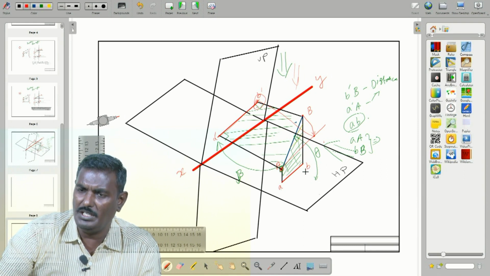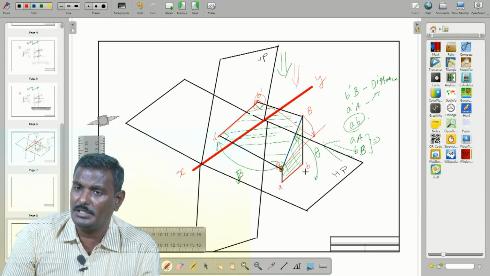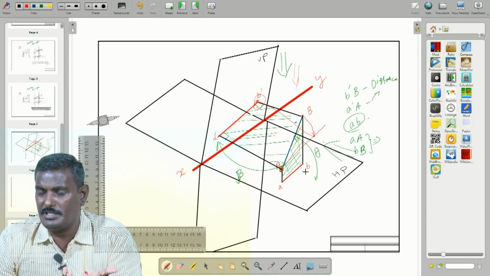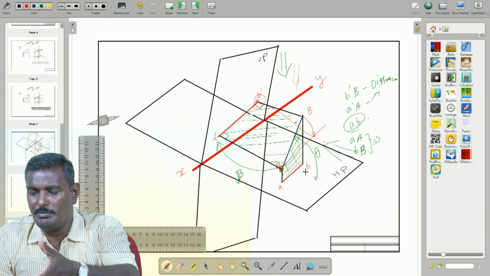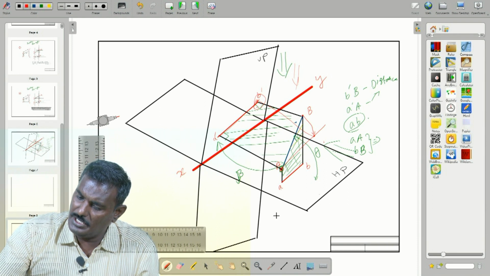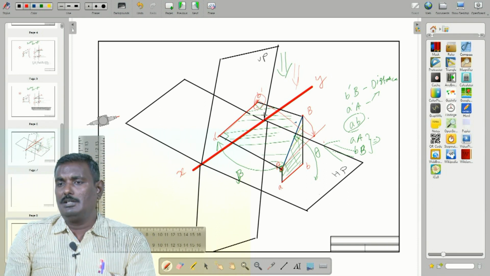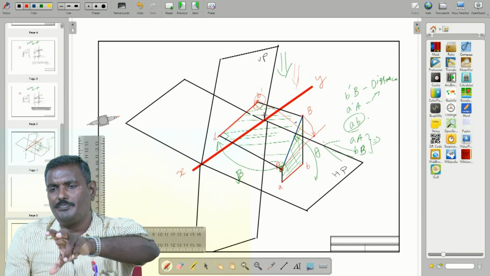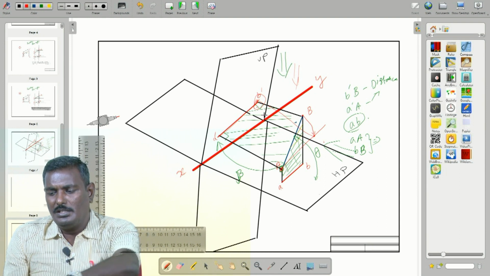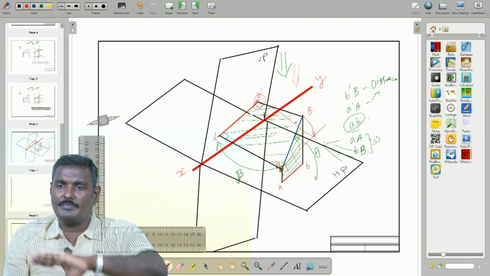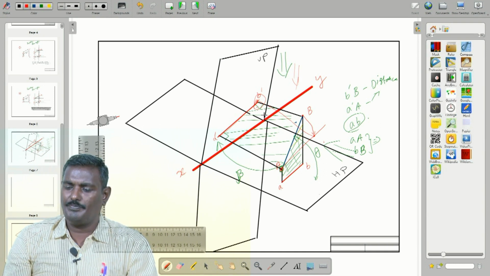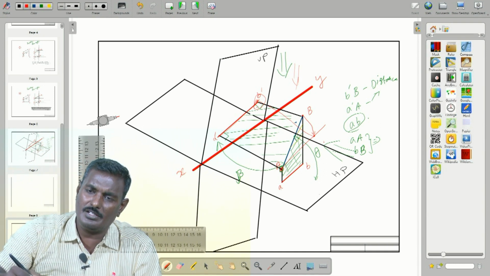So, A and B is there, but while you rotate, what happens? So, rotating means it is rotated up to that parallel, that is, this horizontal plane rotates up to the locus line, the horizontal line is rotated.